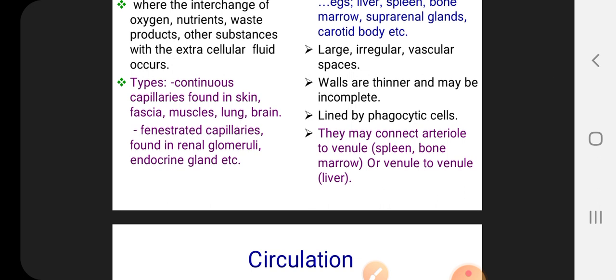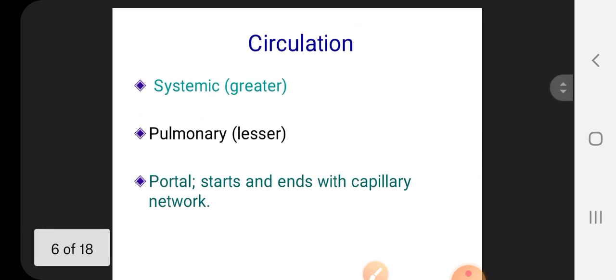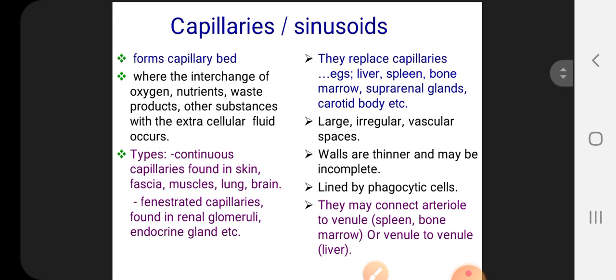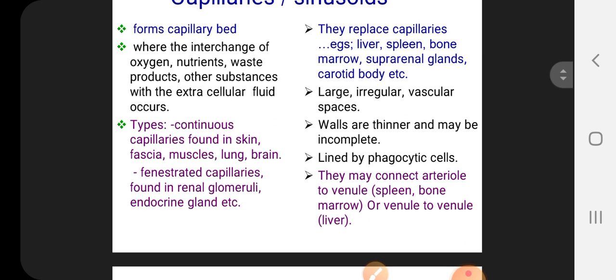They may connect arterioles to venules or venule to venule: arteriole to venule in the case of spleen and bone marrow, venule to venule in the case of liver. So this is about the blood vessels, the capillaries or sinusoids, which are replaced by sinusoids in liver, spleen, bone marrow and suprarenal gland.